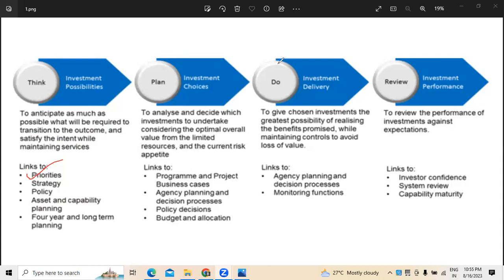I'm giving you the low level understanding. Maybe for the long term, priorities may be marriage for the children, all that. So the priorities have to be taken into account whenever we are working on the assets and capability planning.